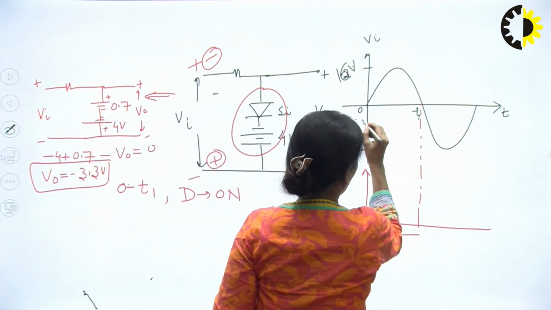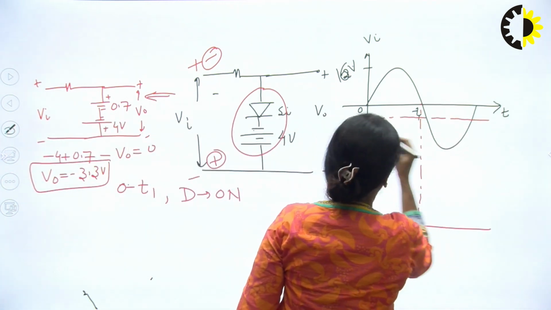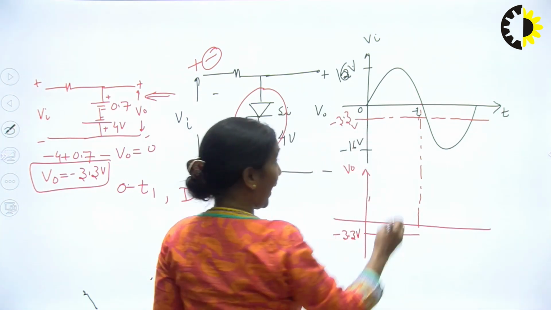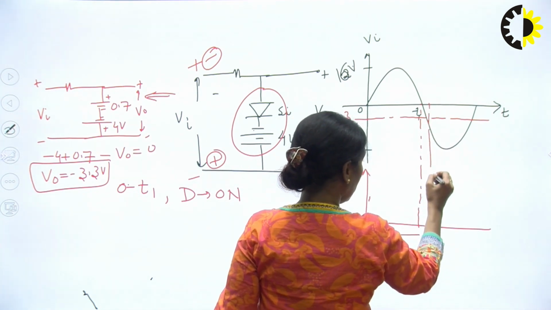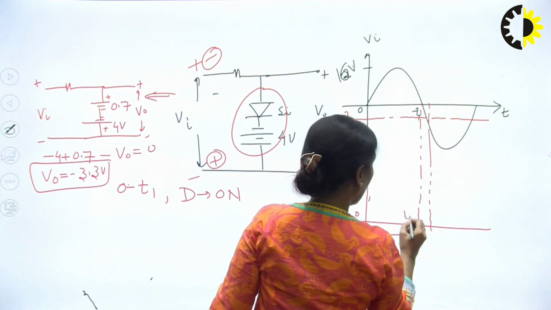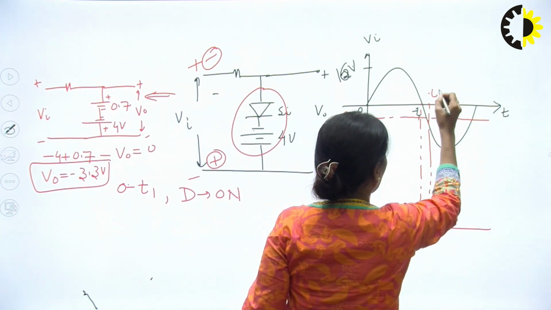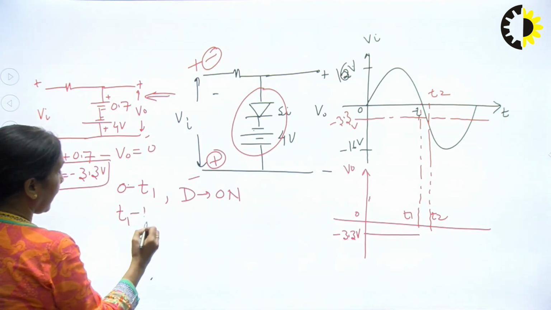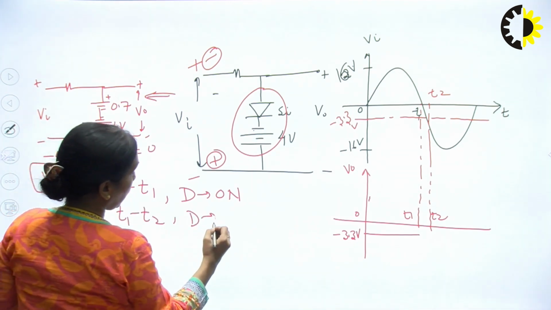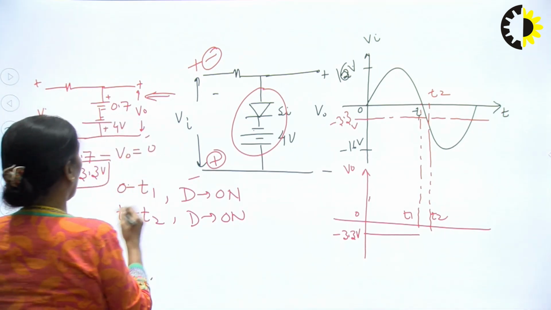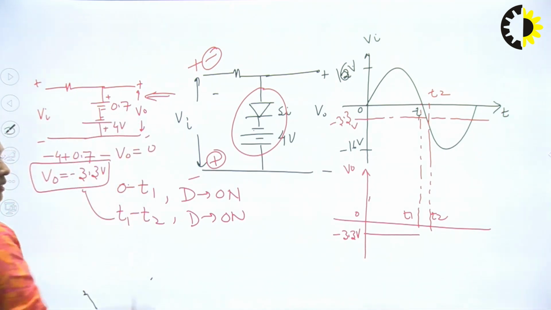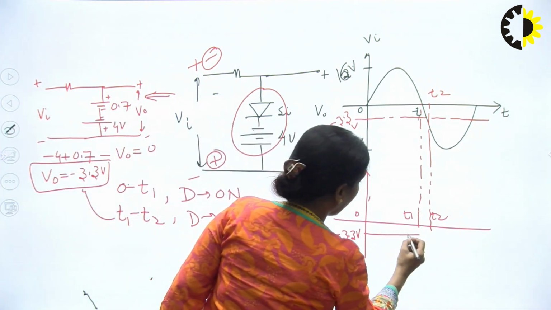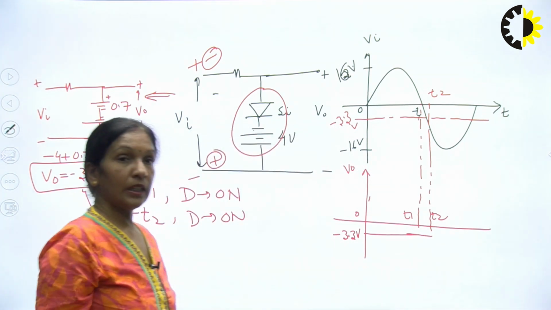So this is my transition voltage, minus 3.3 volts. During the time period T1 to T2, again my diode remains on. So again my output will be equal to 3.3 volts. So up to T2 I will get the voltage, that is 3.3 volts.